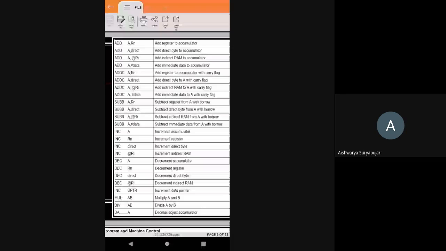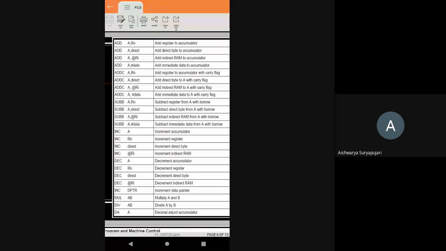So here, as I told you some time ago, register B is used. For what purpose and how? The way is that we multiply A and B. So actually A is not getting multiplied with B; the value in A is multiplied with the value in B. This is the actual description.